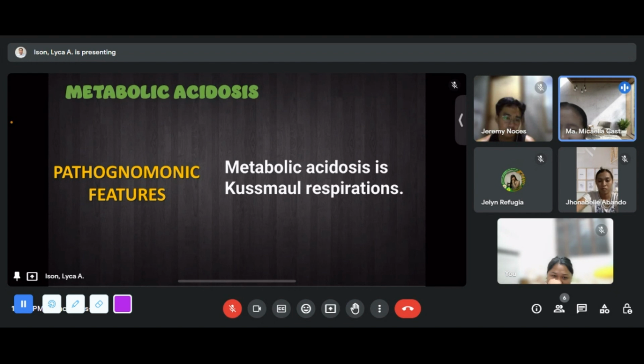Ito ay isang senyales na nakikita sa pasyente na may metabolic acidosis, kailangan nating mag-release ng sobrang carbon dioxide sa ating katawan upang maiwasan ang pagtaas ng acidity sa dugo. And it is important na malaman agad para maagapan o matukoy kapag may metabolic acidosis ang isang tao.